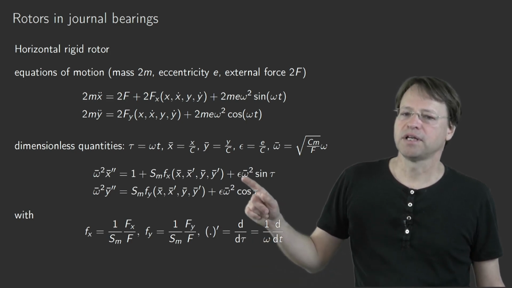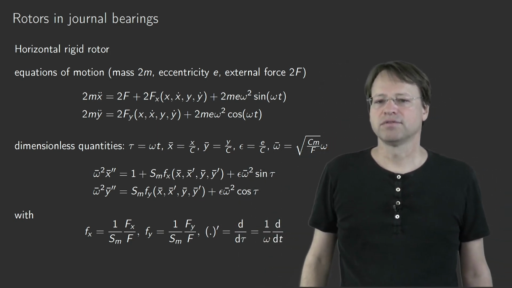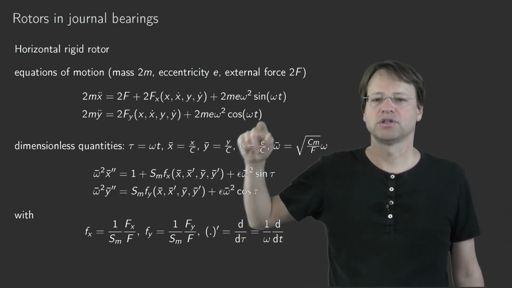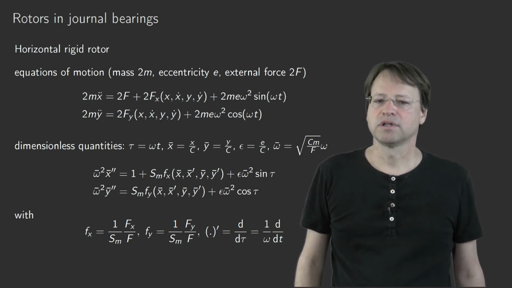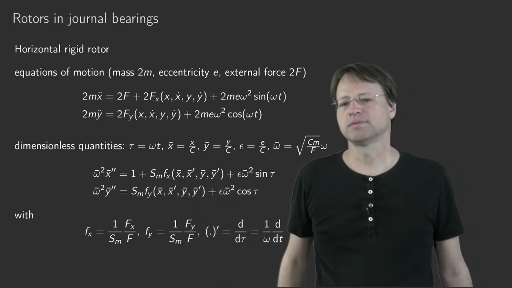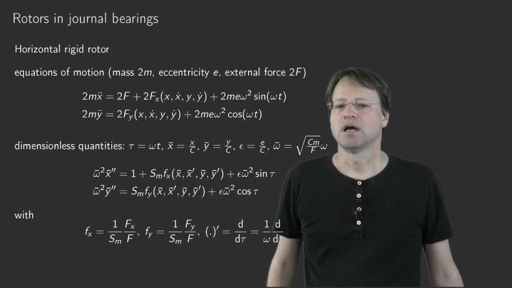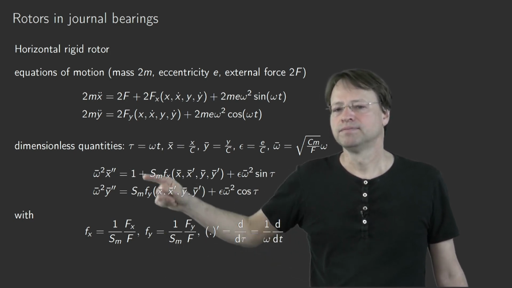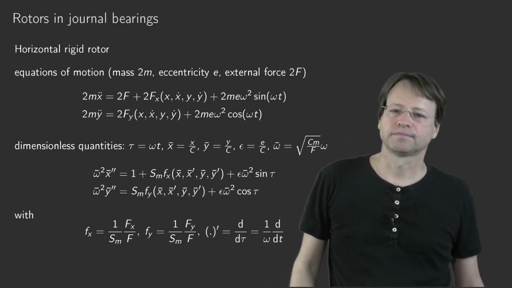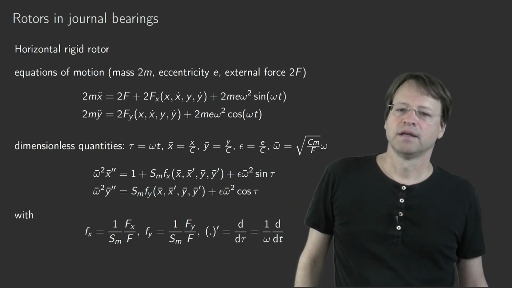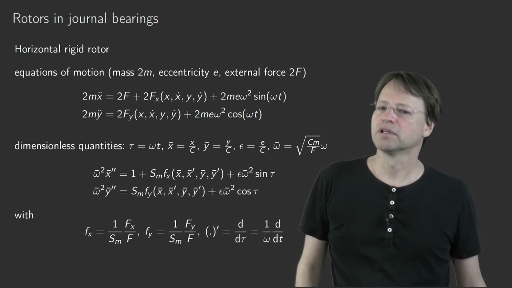Well, the dimensionless equations are obtained by dividing with respect to f. So we divide the dimensional equations by f, and we introduce the dimensionless quantities. And for the derivative with respect to time, we write the derivatives with respect to dimensionless time with a prime. So we would obtain omega squared here. On the left-hand side, we divide, of course, the whole equation by 2 to get rid of that.